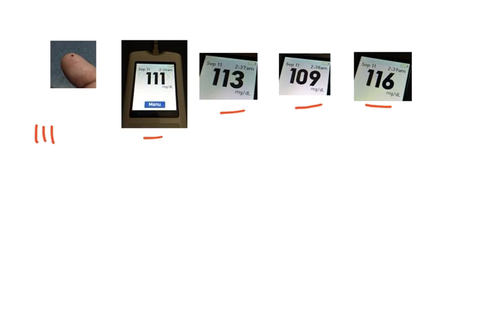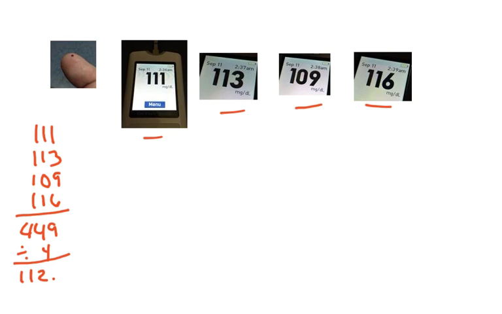So my first step would be to average those numbers. I'll take 111, 113, 109, 116, add them all up, and I get 449. That's my total. And I want to average, so I'm going to divide by 4, and that gives me 112.25. And I'm just going to use that 112. Now, the second part of this, I'll change color, is I want to find the deviation.